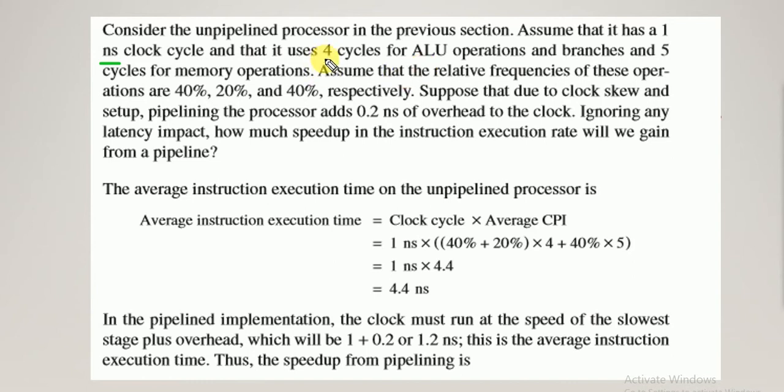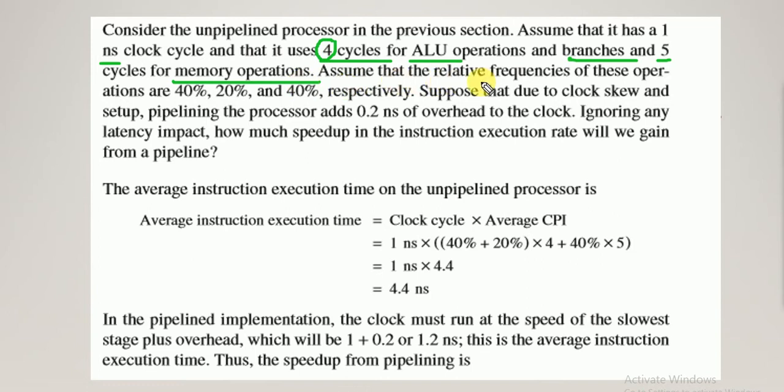So 4 clock cycles for ALU operation and branches. For both ALU operation and branches, it uses 4 clock cycles, and 5 clock cycles are utilized for memory operation. So there are 3 operations: ALU operation, branch operation, and memory operation. 4 clock cycles for ALU operation, 4 clock cycles for branch operation, and 5 clock cycles for memory operation.